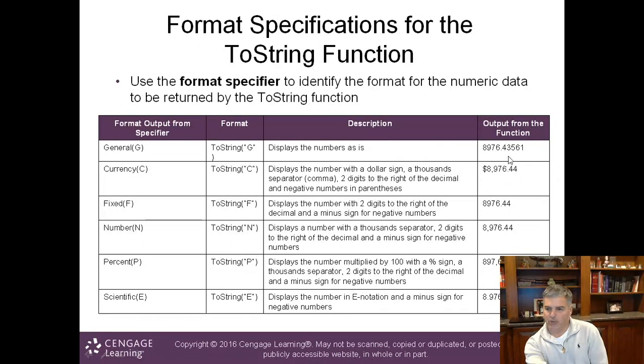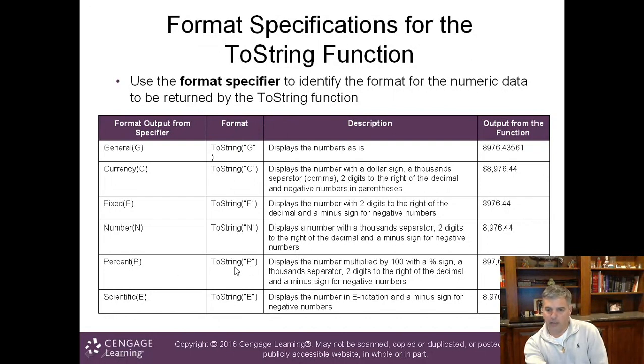Same with general, which displays the number as it is, so that doesn't really do much for us. Fixed will set it to 2 digits. Number will be 2 digits by default, but you can put F2 here, or F3 for 3 decimals, F5 would put 5 decimal places.